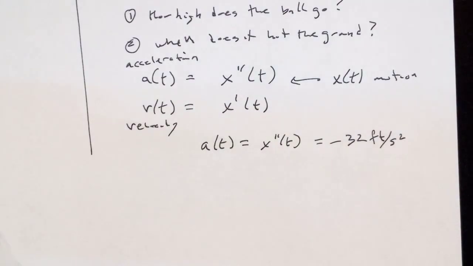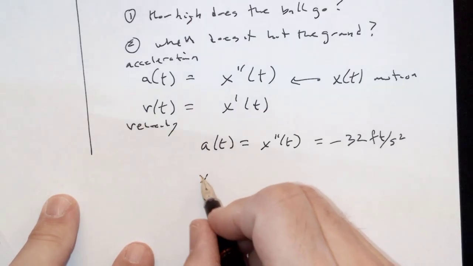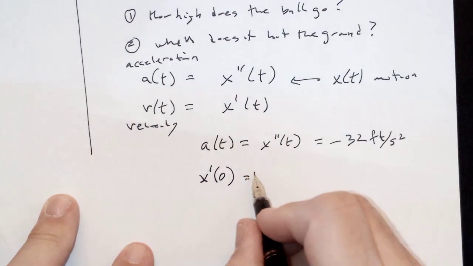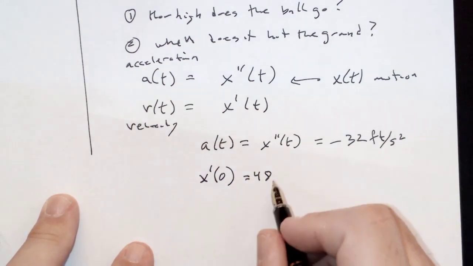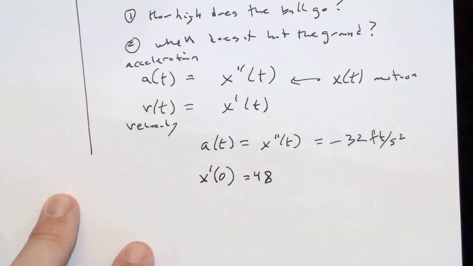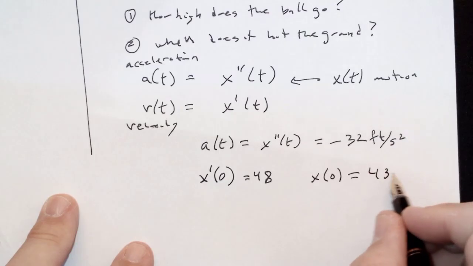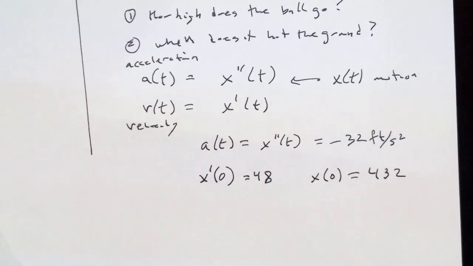But now, my velocity at time 0 when I threw the ball, that's the derivative of x. And what's more, I know that at time 0, I am at a height of 432 feet up. So it'll be positive.